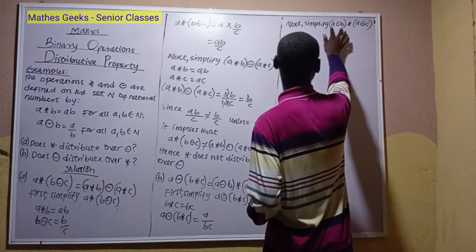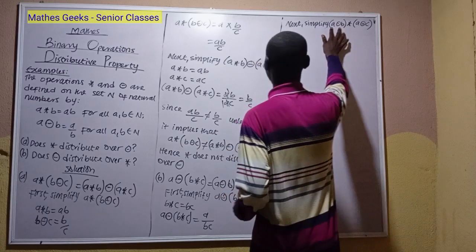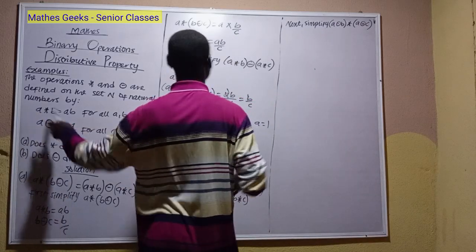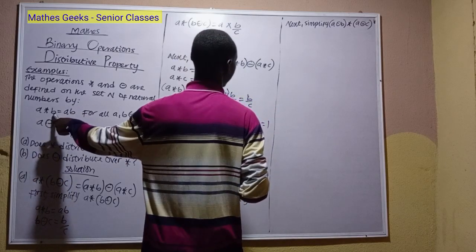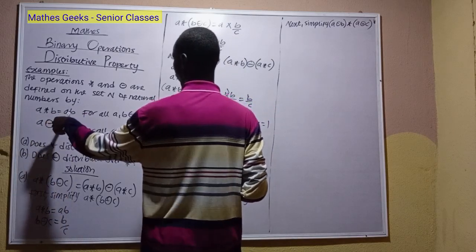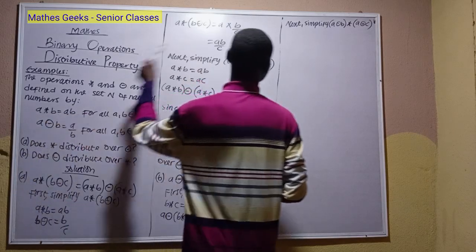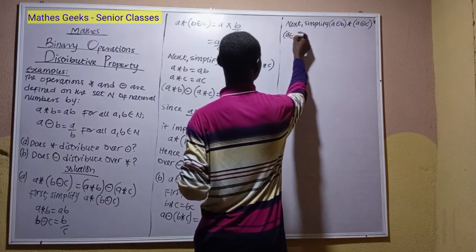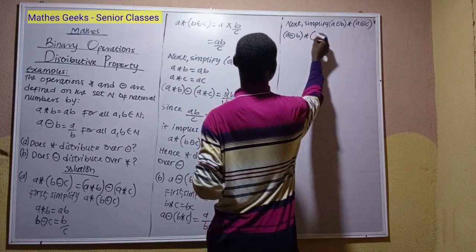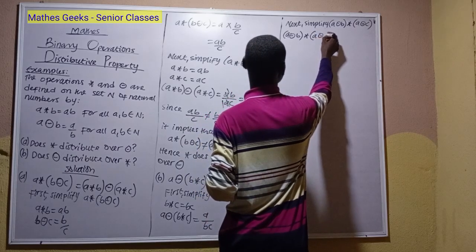So A operation B takes the place of A here, and A operation C takes the place of B here, and A star B is equal to AB. So A times that, A operation B star A operation C.